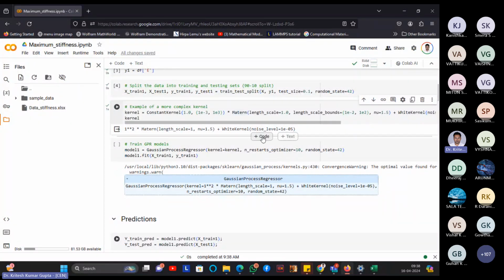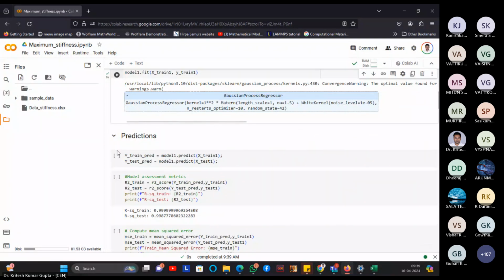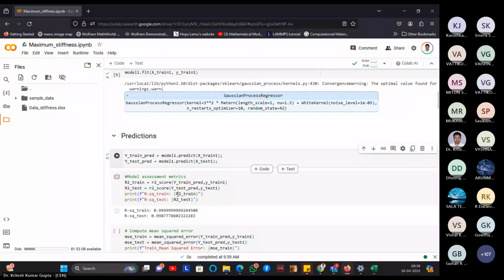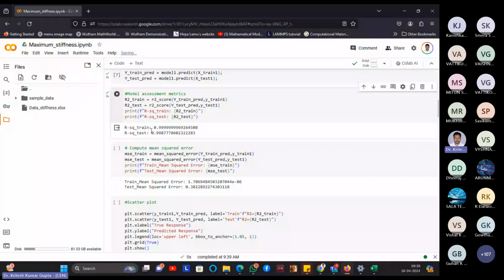You might have heard of it or explored it. So I will use this kernel for model construction. I'm getting fairly good model predictive accuracy over here for train and test both.